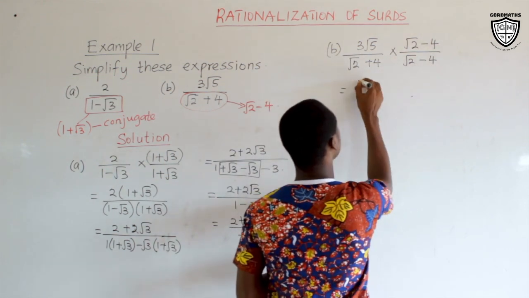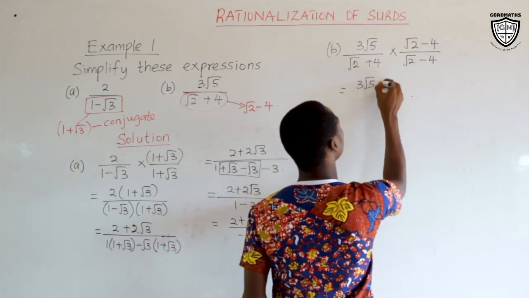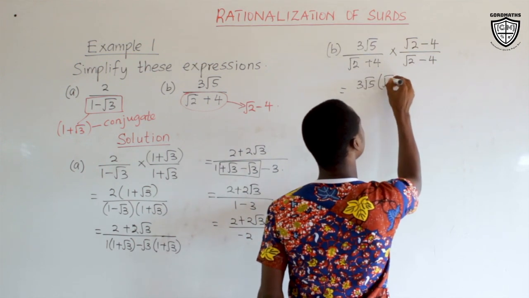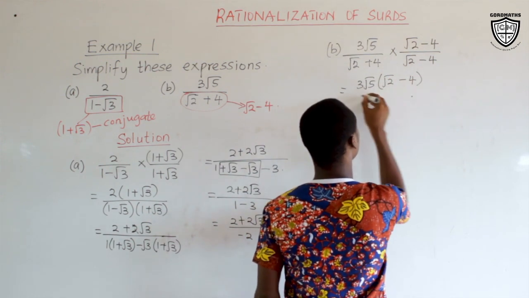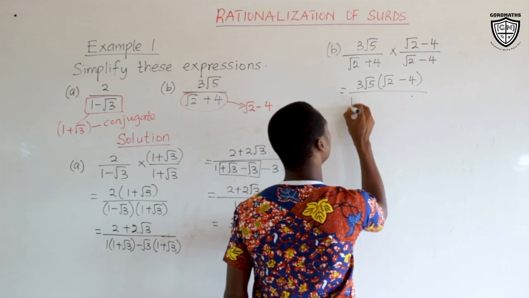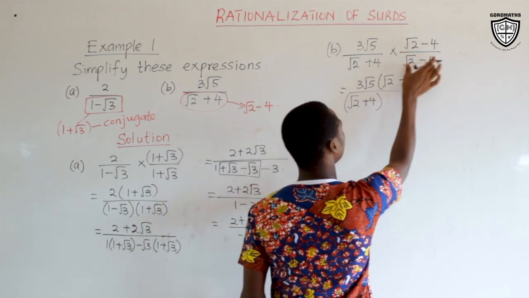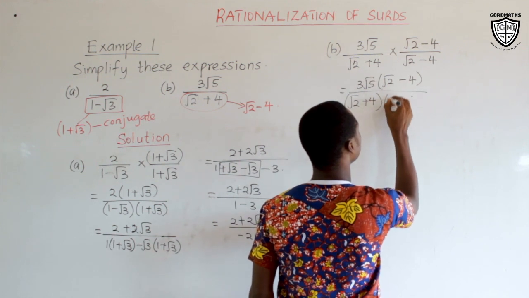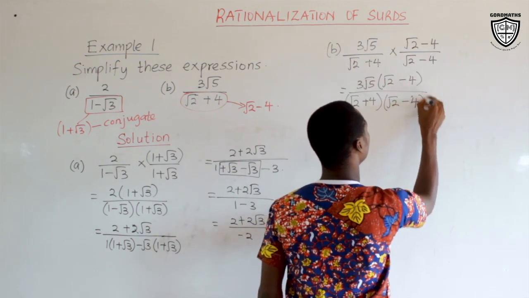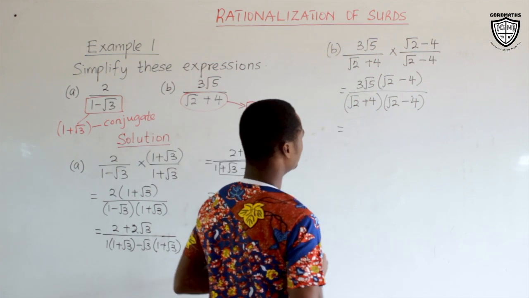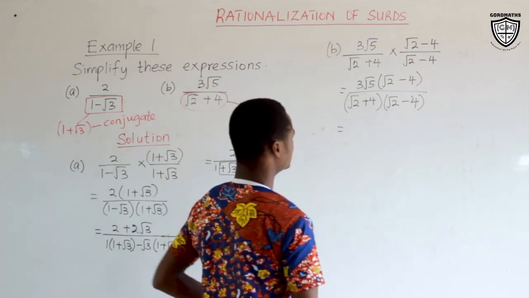And that should give us 3 root 5 multiplying the whole expression root 2 minus 4. Then at the denominator, root 2 plus 4 will also multiply the other expression root 2 minus 4. Then let's expand the brackets.